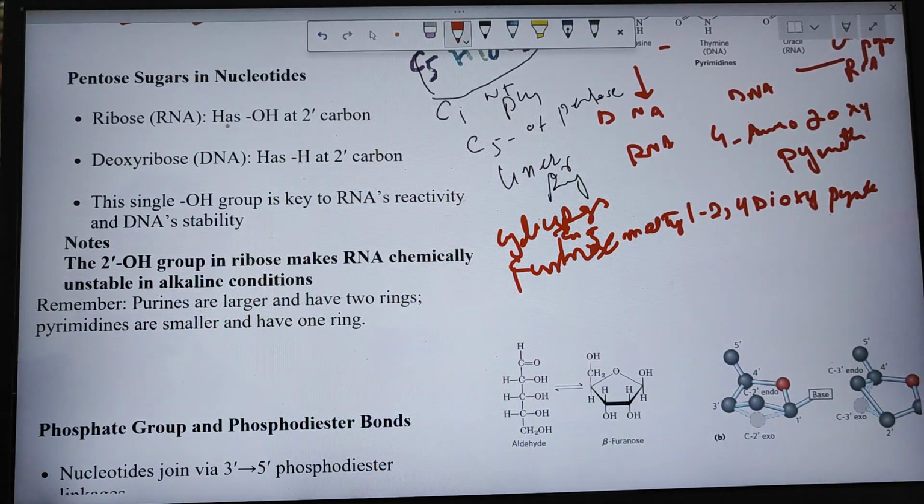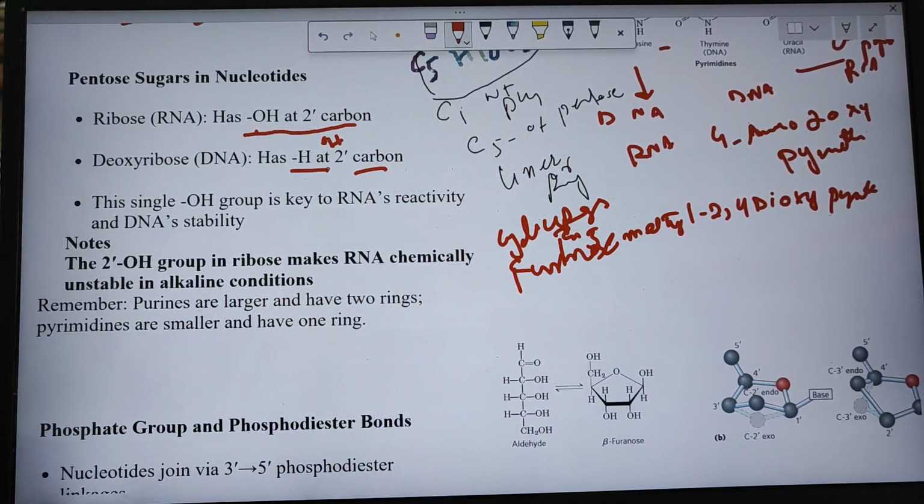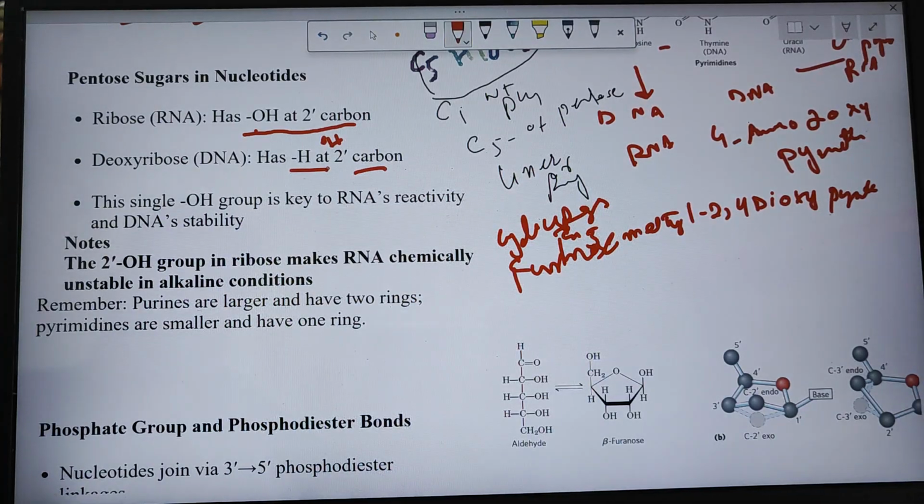So the conclusion is that RNA has an OH group at the carbon number 2, okay, and the DNA contains the deoxy-D-ribose because it lacks the OH group. Instead of the OH group, it has an H atom at the carbon number 2. So this slight change in the OH and the H groups in the ribose and the deoxyribose has a greater impact on the stability and the reactivity of these two different types of nucleic acids.